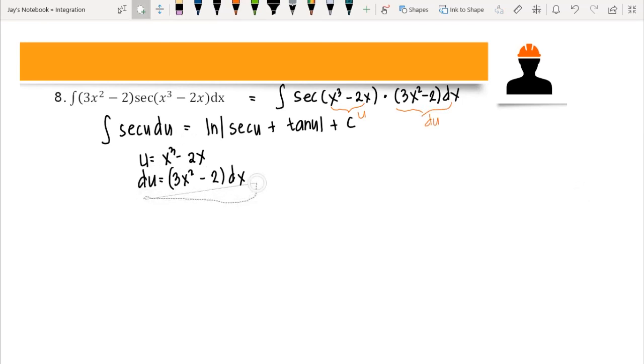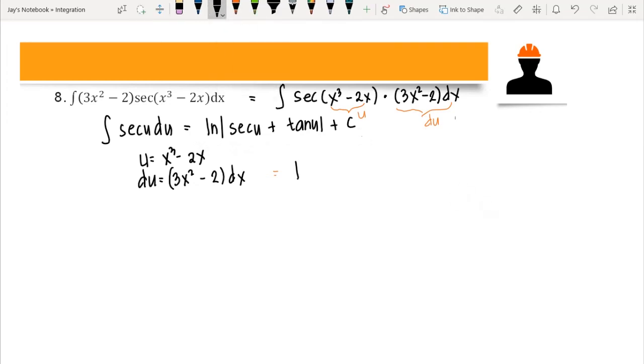But since our du already satisfies the required du, we don't need a multiplier inside the integration. So we can directly use this rule, the natural logarithm of secant u plus tangent u plus c. Again, we do not need a multiplier since our du already satisfies the required du.